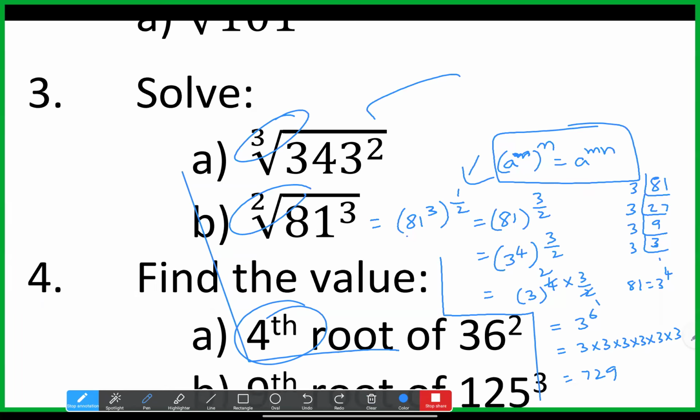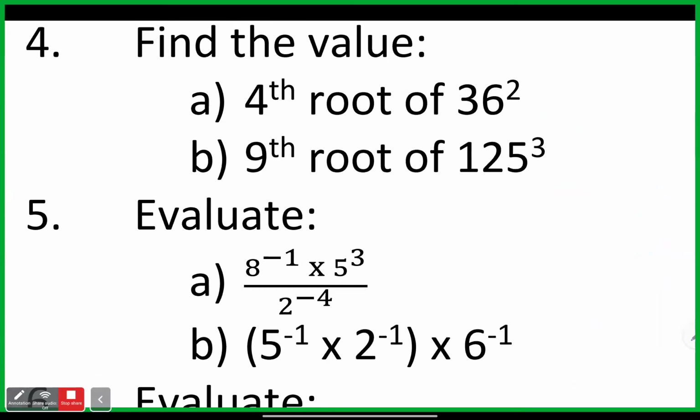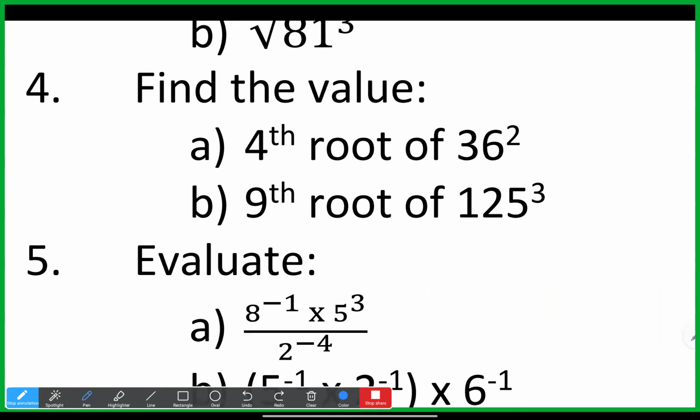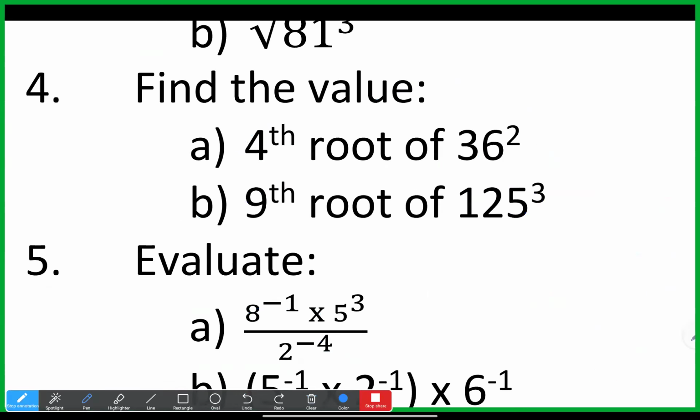Yes, sir. So now if I do this one, I have to write it as 36 square. Fourth root means it is nothing but 36 square power 1 by 4. Now next step is 36 power 2 into 1 by 4. A power m whole power n, a power mn. So now 36 can be written as 6 square, Ishma. Actually prime factorization we should write, but 6 square we know is 36, no?